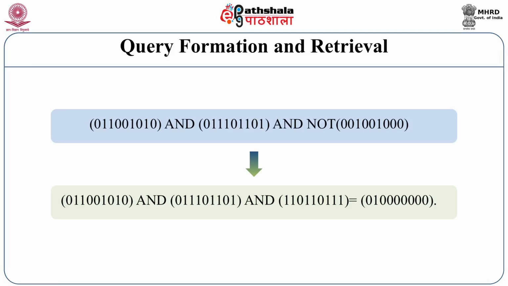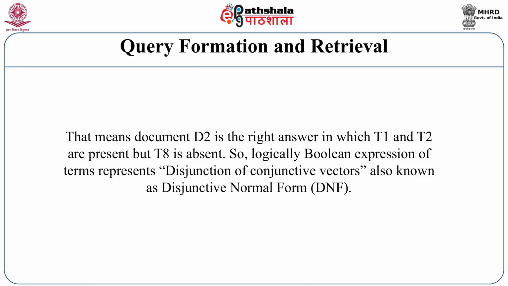That means document 2 is the only document where the terms T1 and T2 are present but T8 is absent. So for retrieval from this Boolean logic, I am retrieving the document D2 as it satisfies our query.